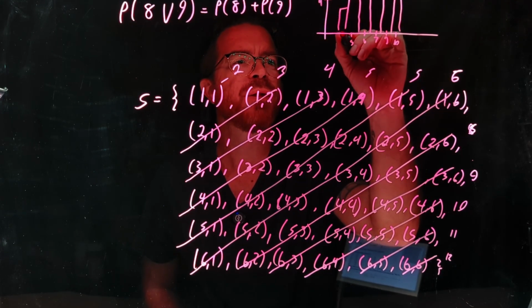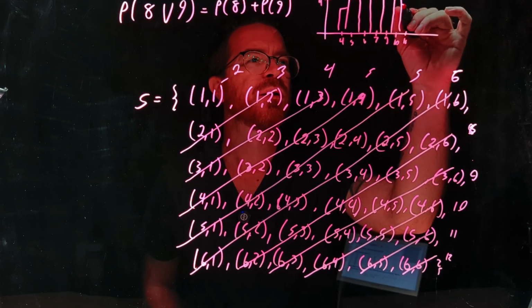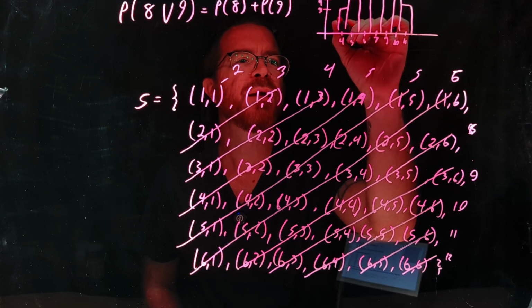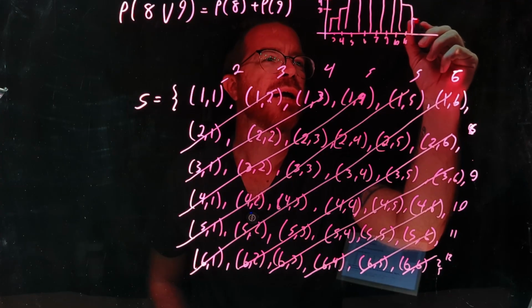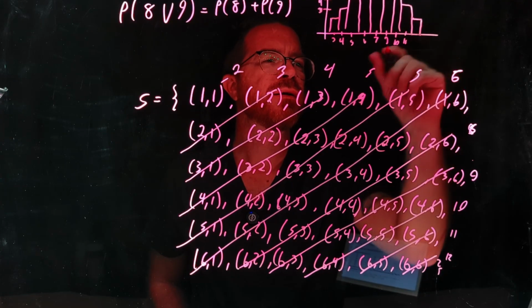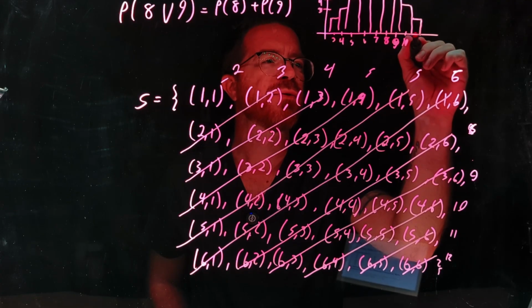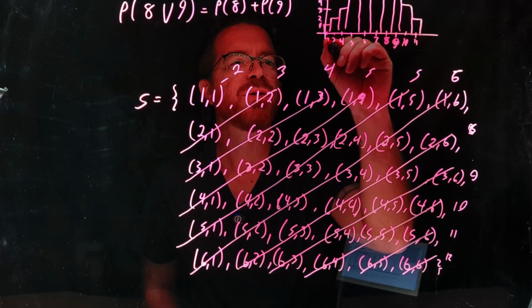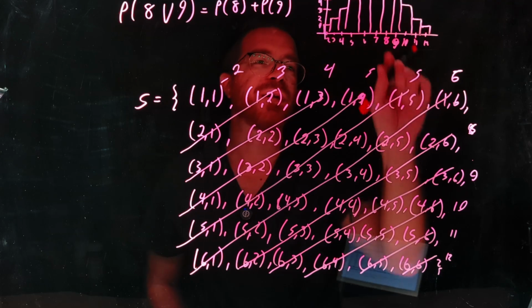Going out from there to 4 and 11, there would be 3 outcomes. For 3 and, I forgot my 8, this should be 8, 9, 10. So 3 and 11, there should be 2 outcomes. And then finally, for 2 and 12, there will be 1 outcome.